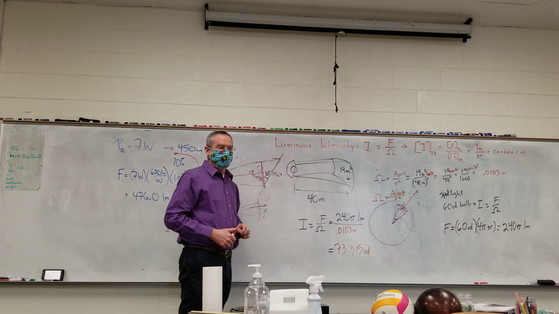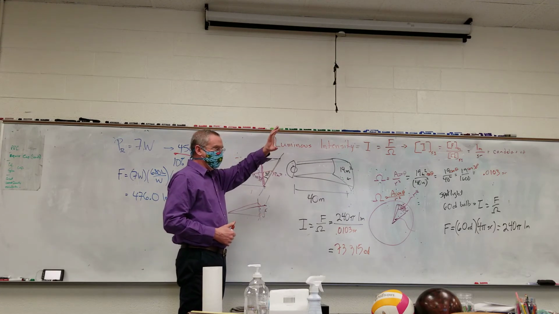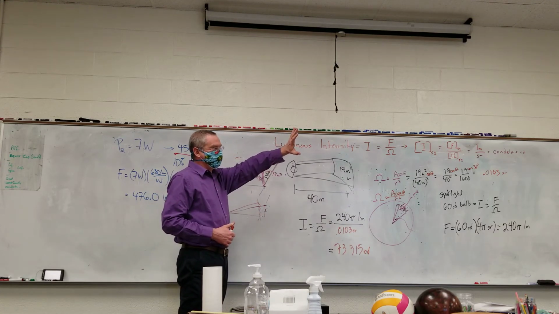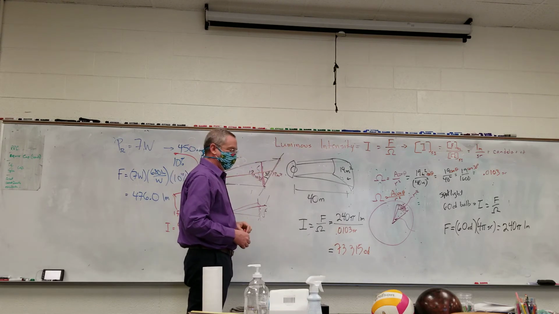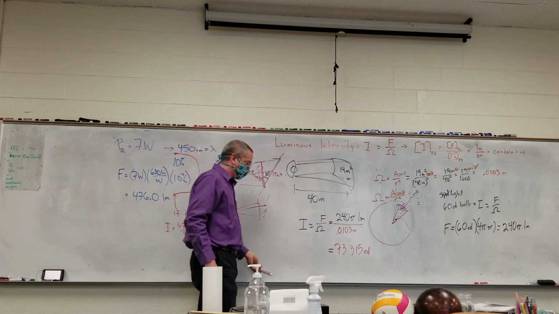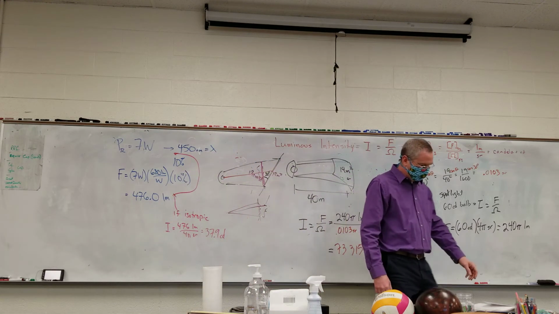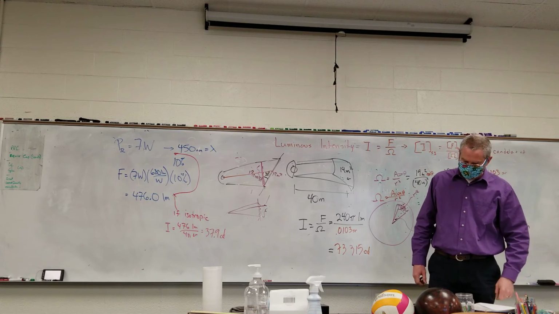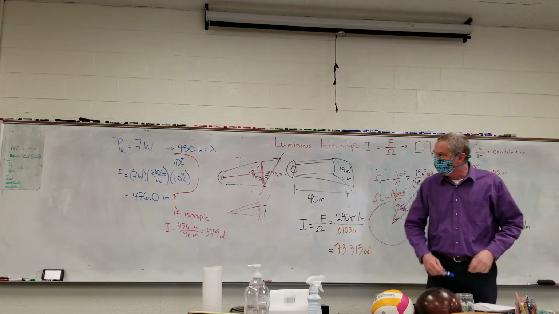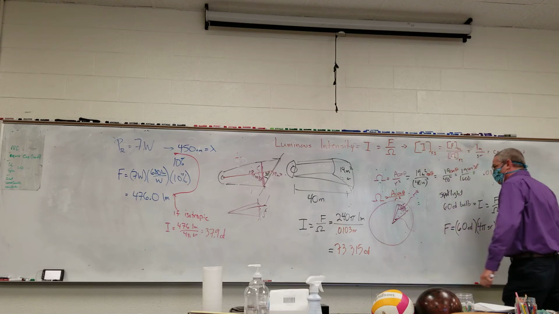Because oftentimes, with a spotlight, you might be trying to highlight something. So what you care about is how much light is actually hitting the surface itself. And so we have yet one more vocabulary word: illuminance. And so let's get rid of some stuff.